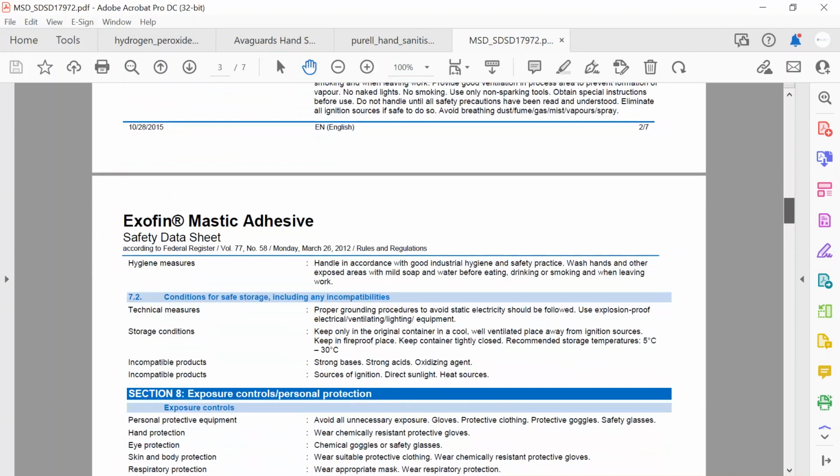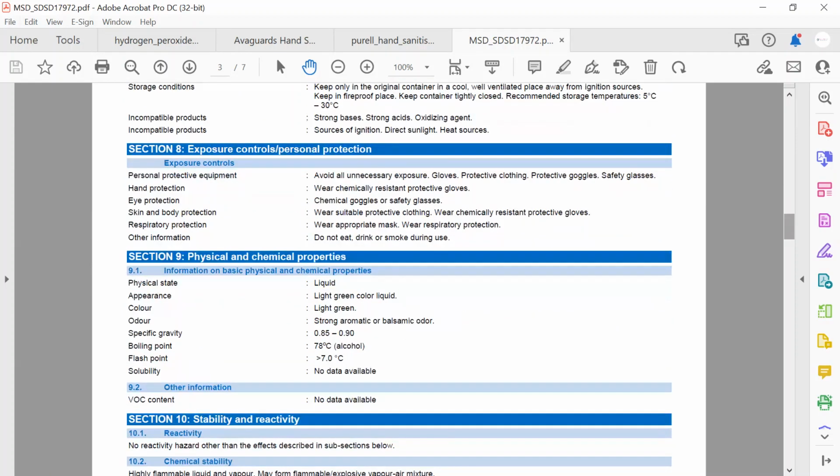For Section 8, it wants you to avoid all unnecessary exposure, wear gloves, protective clothing, goggles, and safety glasses. Chemically resistant protective gloves, chemical goggles or safety goggles, suitable protective clothing, wear the appropriate mask, wear respiratory protection, and do not eat, drink, or smoke during use.